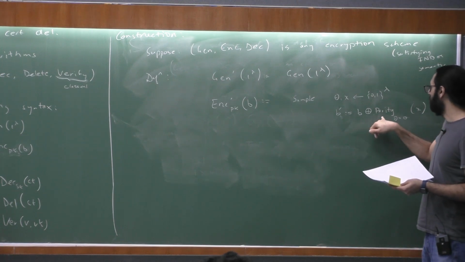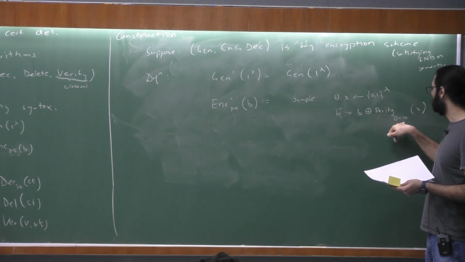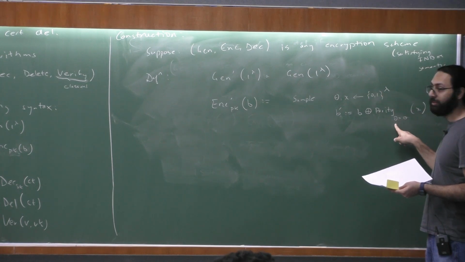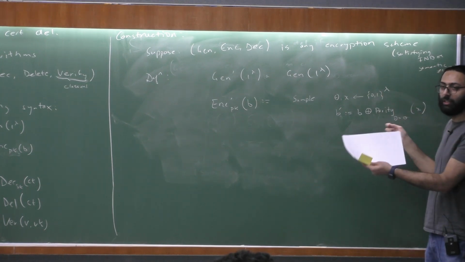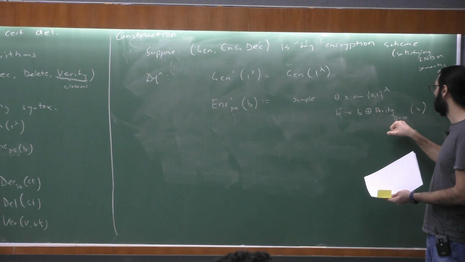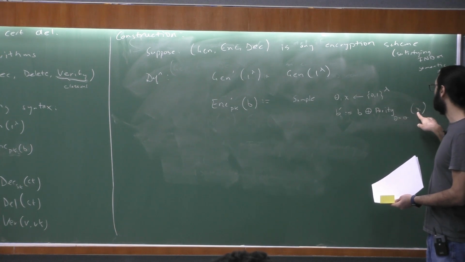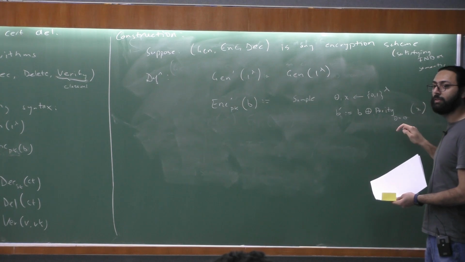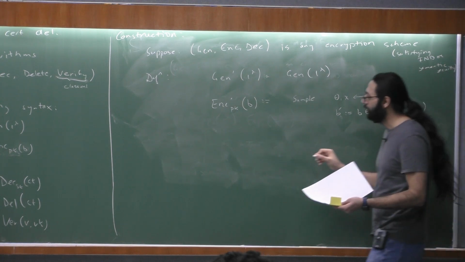Okay, so parity theta equal 0 basically means you look at all the indices at which theta i is 0, and then you take those indices and XOR the x's on those.